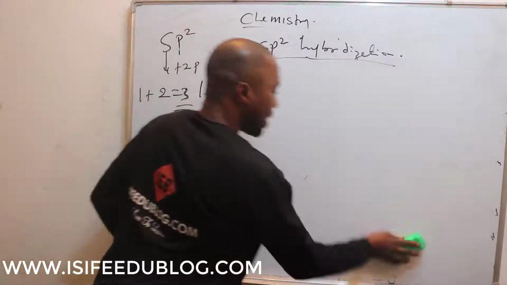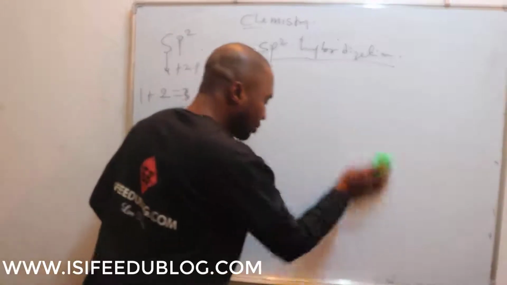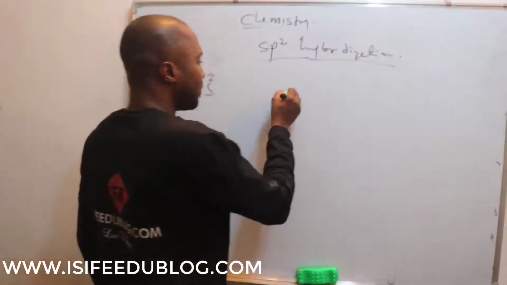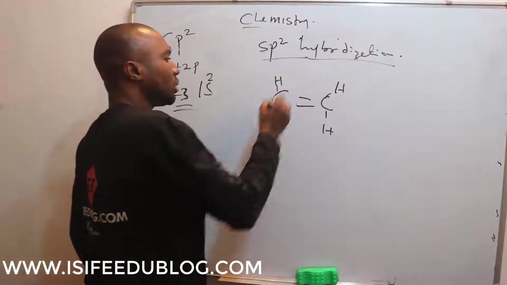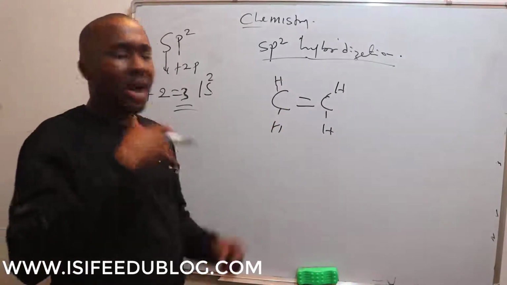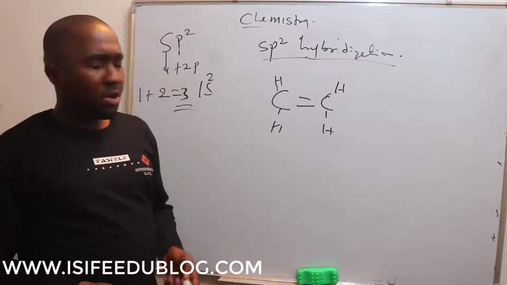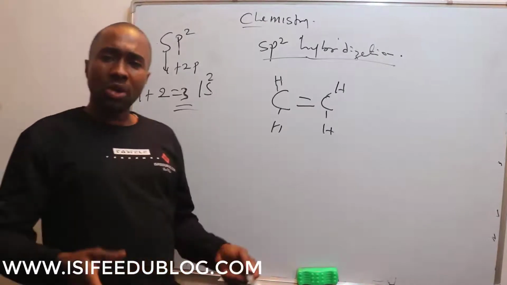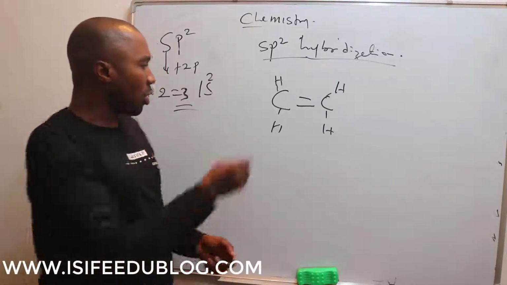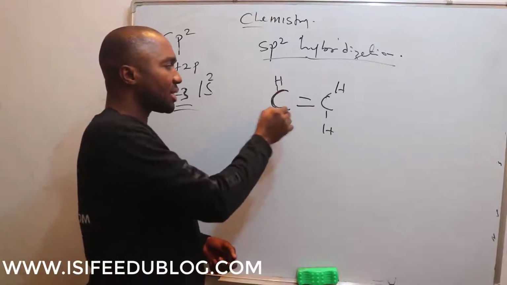In that case, we can cite some examples. If you look at this compound and you are asked to identify the type of hybridization taking place, it is very simple. One thing you ask yourself is, which of the atoms is the central atom? Of course, carbon is the one at the center.